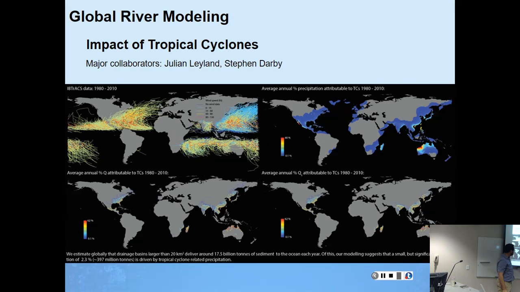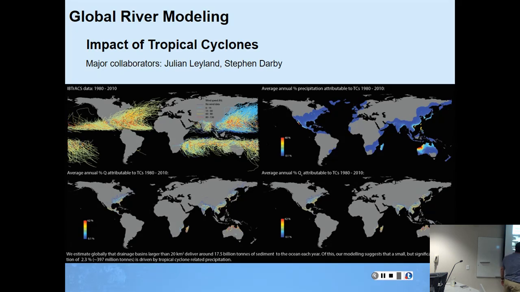I don't know if you can see the map itself, but it's basically a spatially explicit estimation of the contribution, in percent, of tropical cyclones on the long term on sediment flux in all these rivers, and obviously the bullseyes are where you actually have tropical cyclones, right? You see Australia, quite significant.